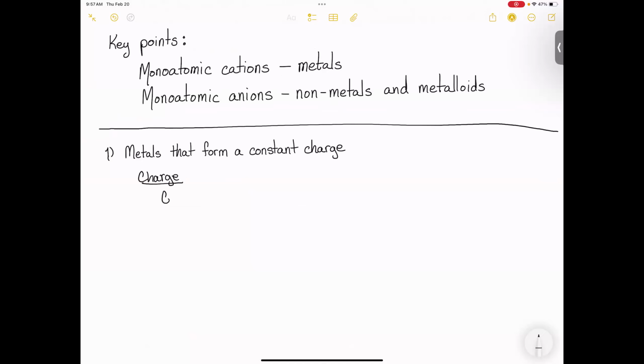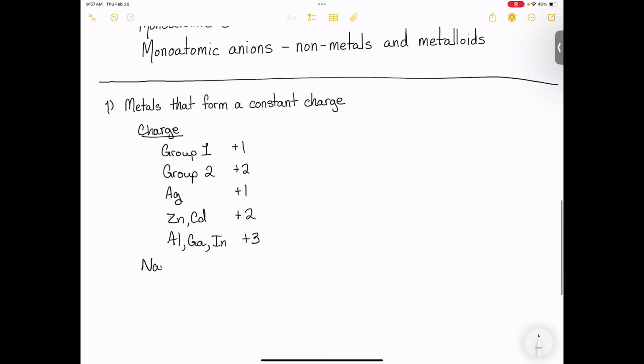Again, that is group 1, which will be a +1. Group 2, which will be a +2. Silver, which will be a +1. Zinc and cadmium, which will be a +2. And aluminum, gallium, and indium, which will be a +3.